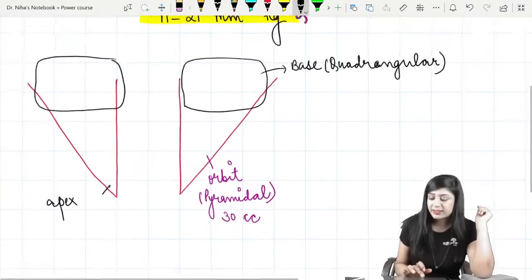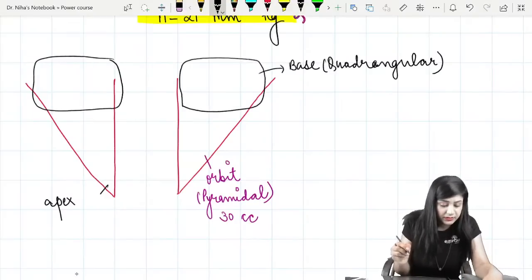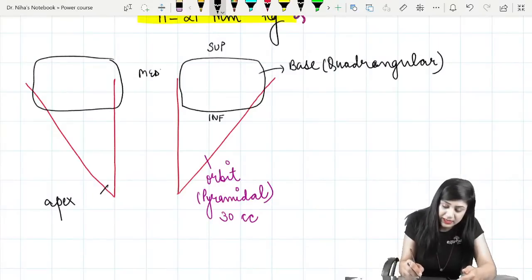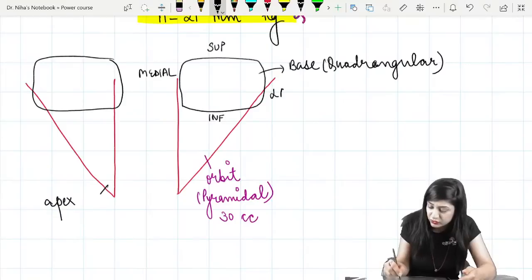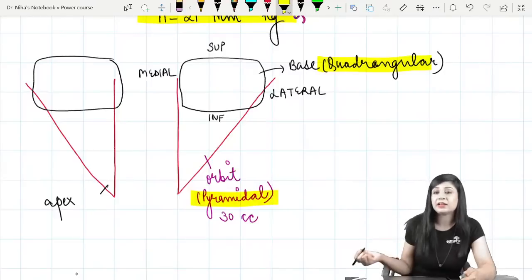You can see something like this, and it has four walls: superior, inferior, then medial, and this is the lateral wall. So it is quadrangular while this was pyramidal.